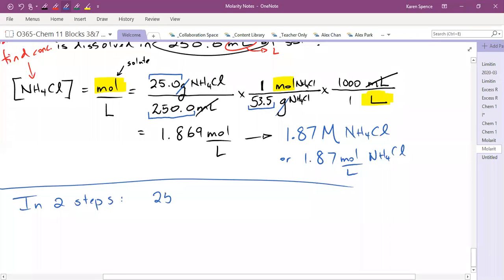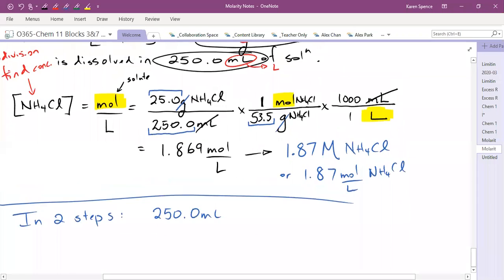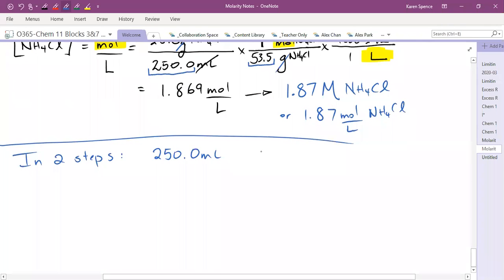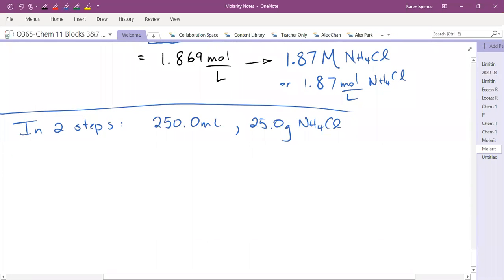We had 250 milliliters and we had 25 grams of NH4Cl. So what I would do is I would start again and say I want to find the concentration of ammonium chloride, which means I want to find the moles of ammonium chloride per liter of solution.